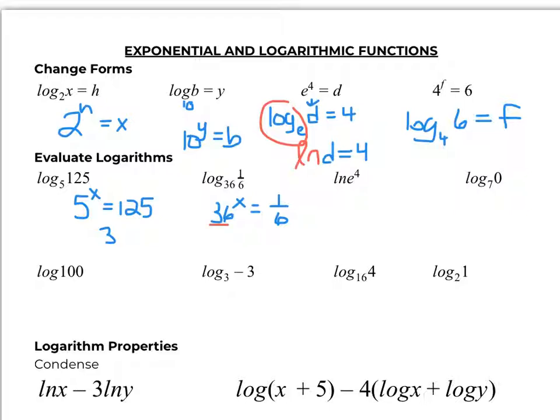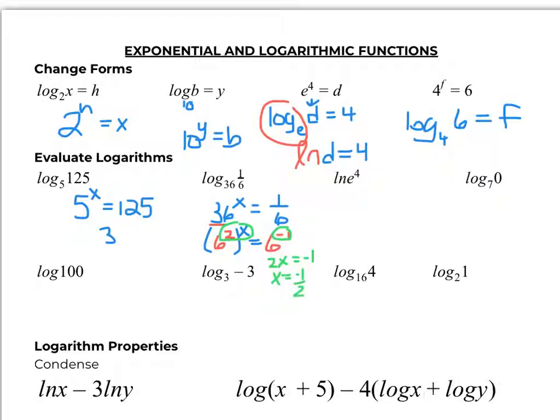So I'm going to rewrite 36 as 6 squared to the x, and on the right side, I'm going to rewrite that as 6 to the negative 1, and now I can solve their exponents. If the bases are equal, that means their exponents need to be equal. So I'm going to solve the equation 2x equals negative 1, so x equals negative 1 over 2.